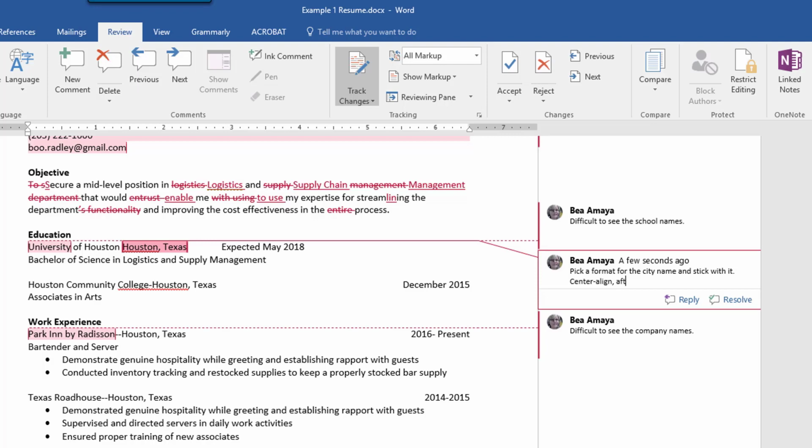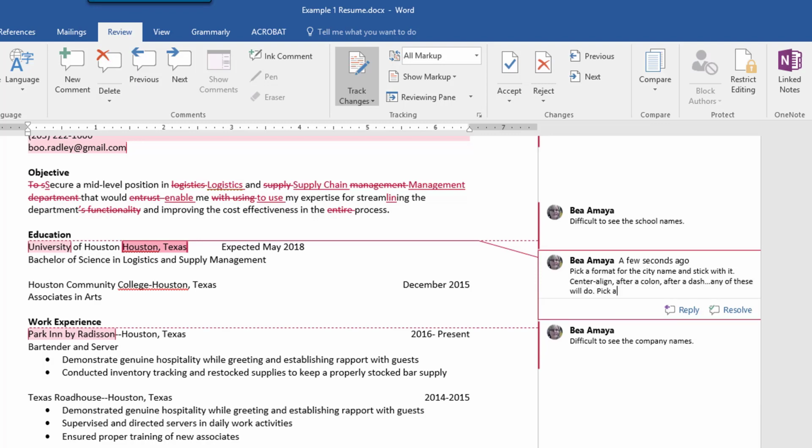You can go after a colon, maybe after a dash. I think he uses that in some of the examples. Any of these will do. But my point here is pick a format and stick with it.